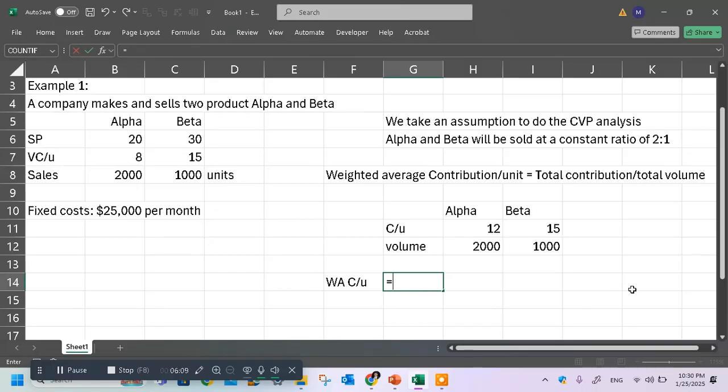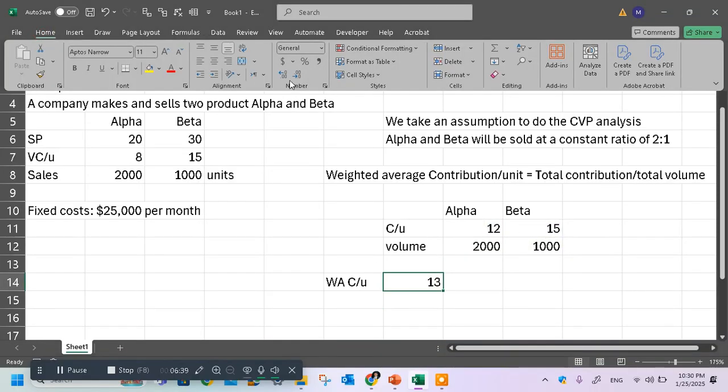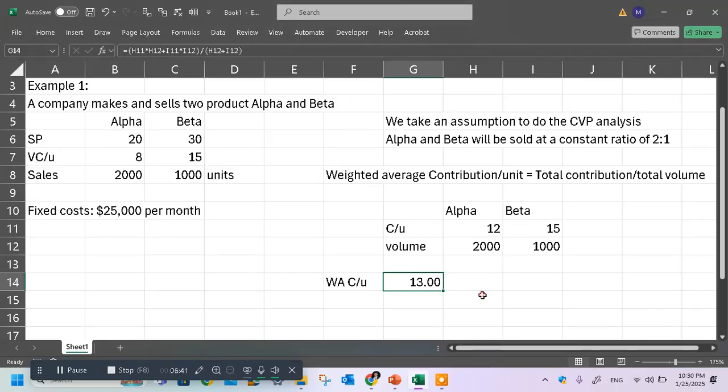I need total contribution: $12 into 2000 units plus $15 into 1000 units, divided by 2000 plus 1000. Total contribution divided by total volume. See how much we get? 13. Yes, exactly 13.